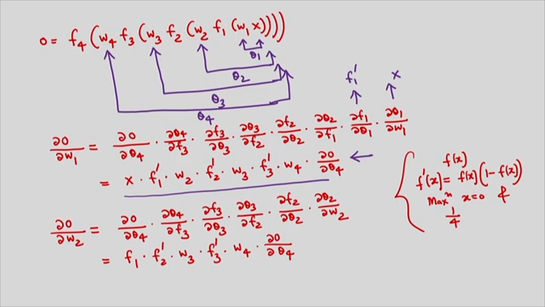As we move towards the earlier layers, for weight updation, the number of products go on increasing. If I compare equation number 1 and equation number 2, the number of products in equation 1 is more than in equation number 2, because we are considering the earlier layers.